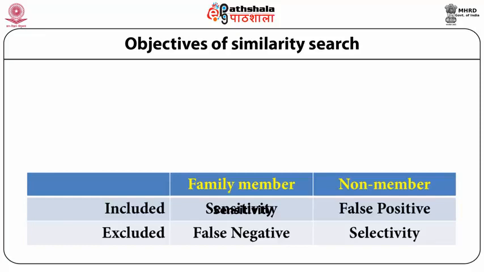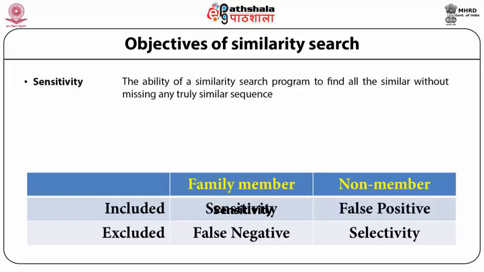The two main requirements to find similar but reject dissimilar sequences are called sensitivity and selectivity, respectively. Sensitivity refers to the ability of a similarity search program to find all the similar sequences. If a similar sequence is not found, then that is called a false negative.